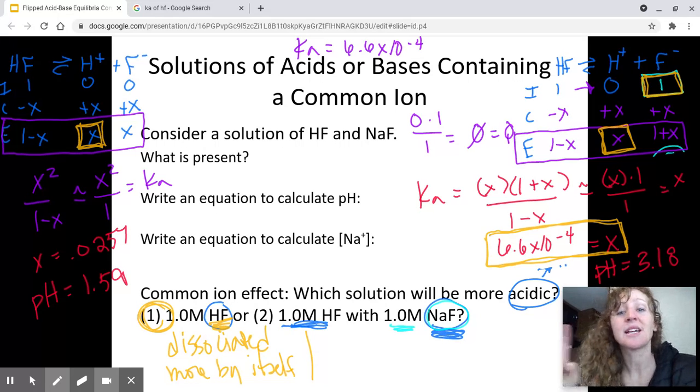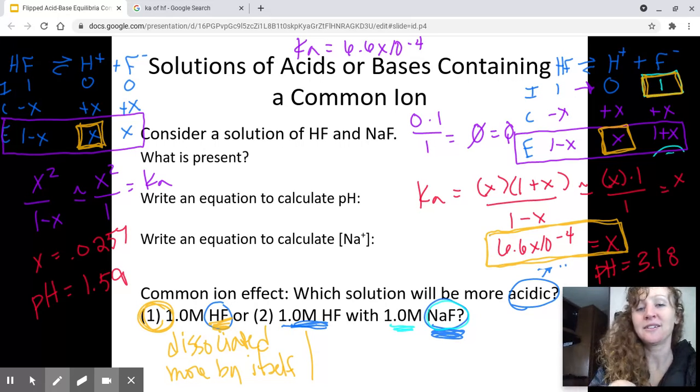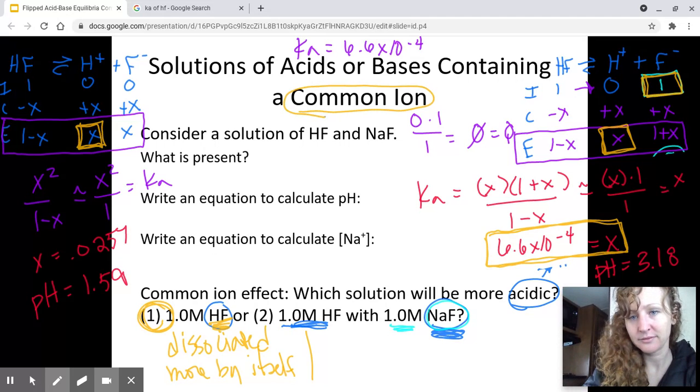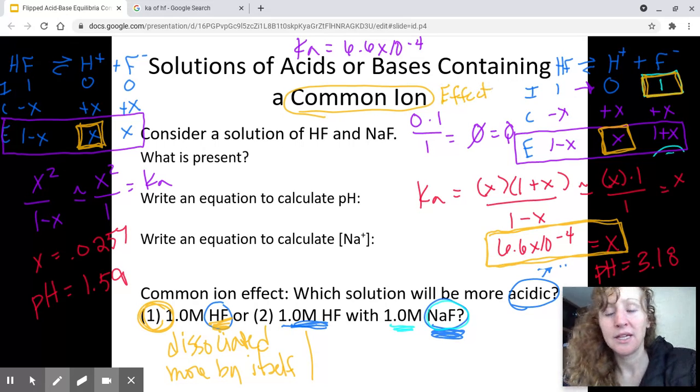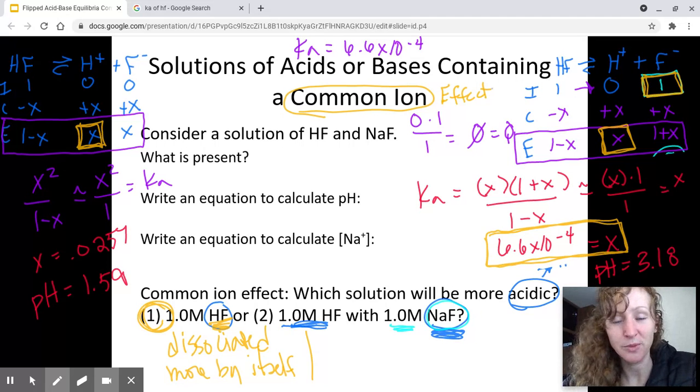So this is the common ion effect. When there's a common ion present, it's going to suppress the dissociation because of Le Chatelier's principle. Same idea.